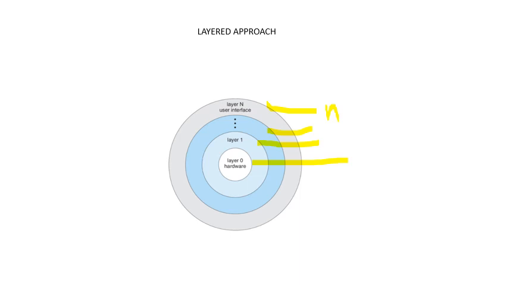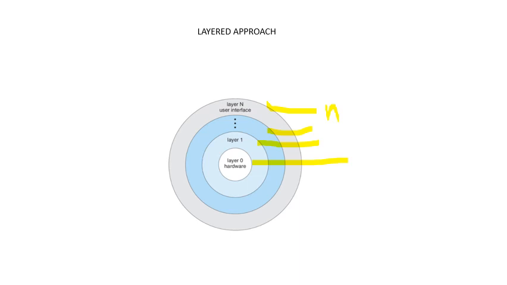Each layer has its own specific function and tasks to perform, and there are some rules in the implementation of these layers. The rules are very simple. First, the outermost layer must be the user friendly interface.